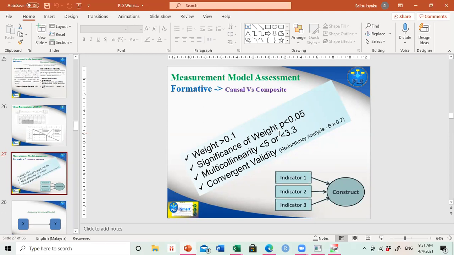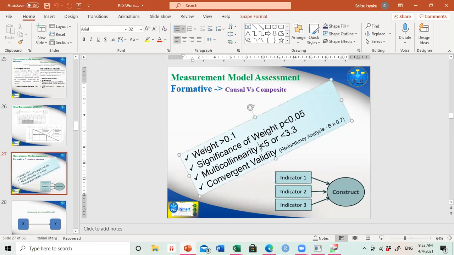And now, again, we look at multicollinearity. In that case, we look at the variance inflation factor. And we now say VIF should be less than 5 or less than 3.3 according to various literature. The last one is we look at the convergent validity.